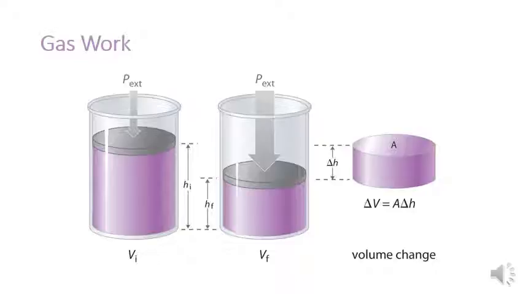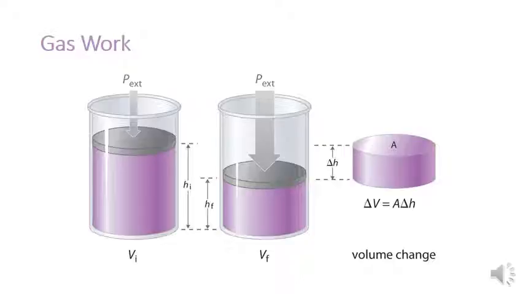This is an interesting concept called gas work. In this particular situation, we have a container holding purple gas. And the purple gas is a certain volume. And we know, thanks to Boyle's law, that pressure and volume have an inversely proportional relationship.